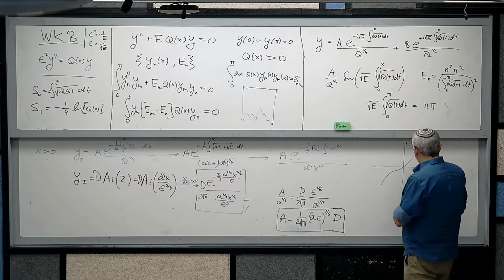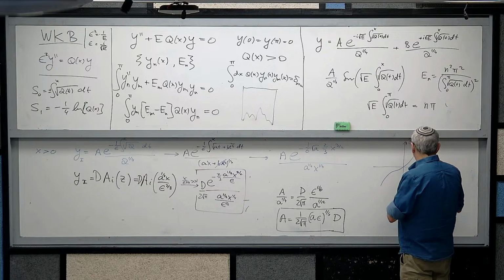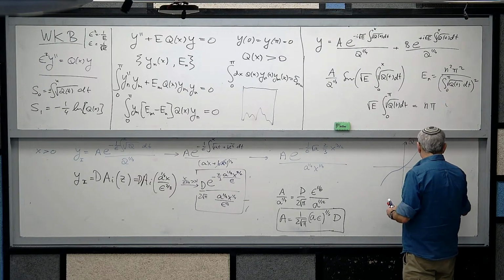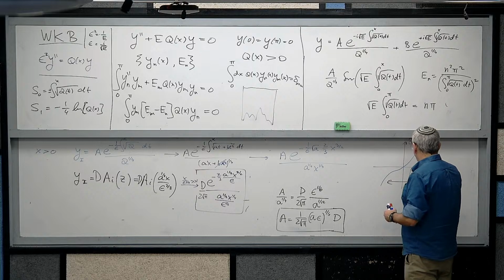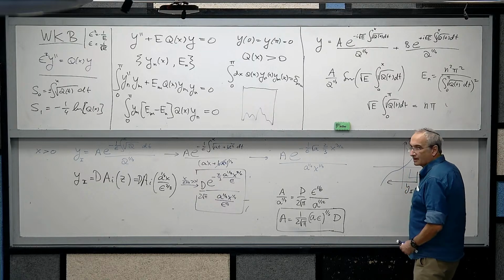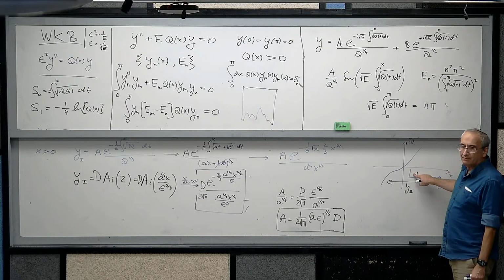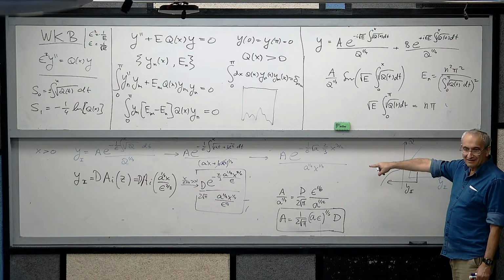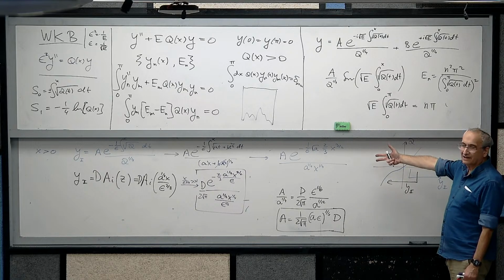Now, we had the blue regime of Y1, and we have the black regime of Y2. Question: is there an overlap region? We did a matching, right? We suppose so. So it's supposed to have an overlap region. But is there an overlap region?